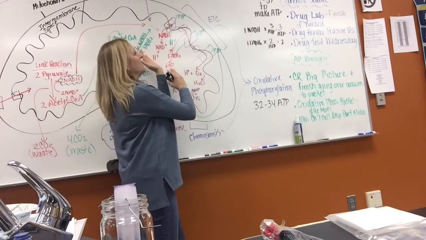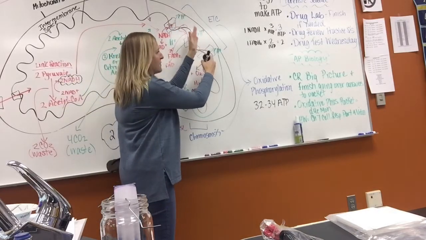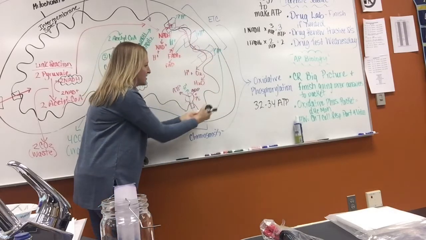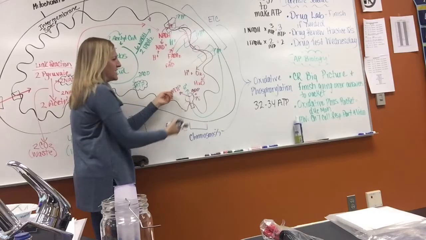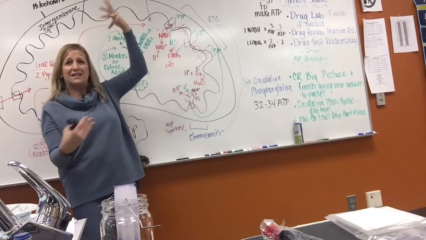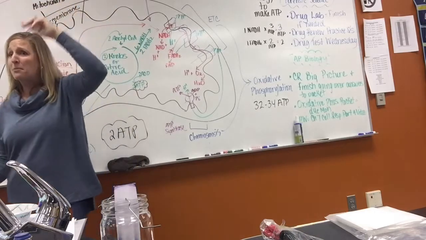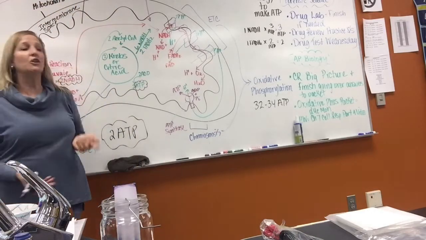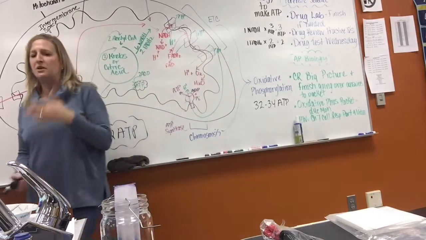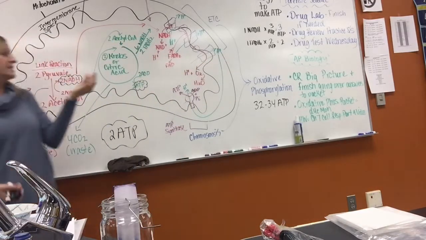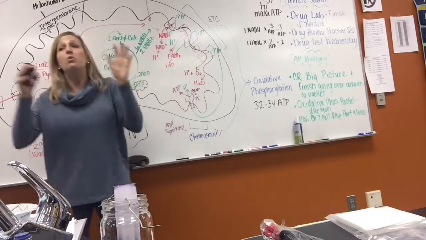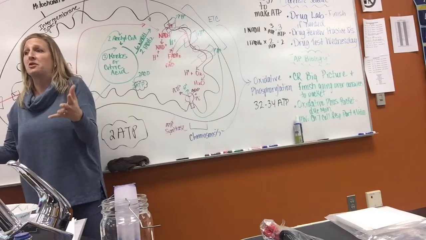All right, so they think that 10 of them go into the inner membrane space, and the current research is that they think 4 have to go through the ATP synthase to make ATP. So it's not an exact number, it's not a nice round number. And so in our current textbook, I rounded here, but what they actually think is that for every NADH molecule, 2.5 ATPs on average are made, all right?